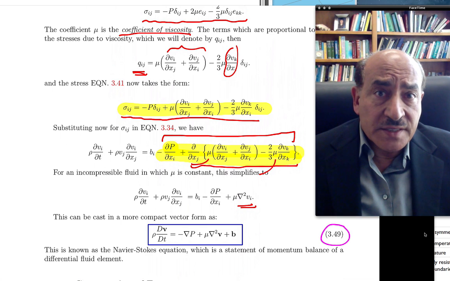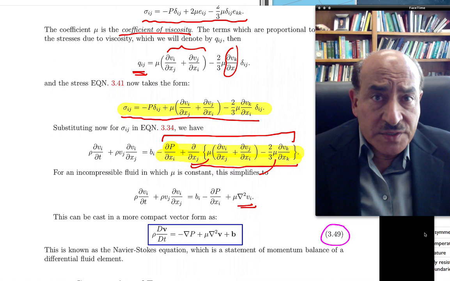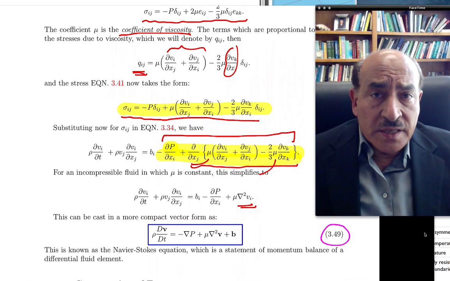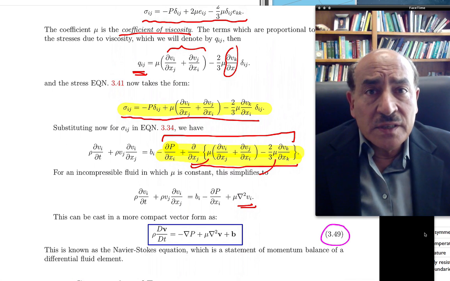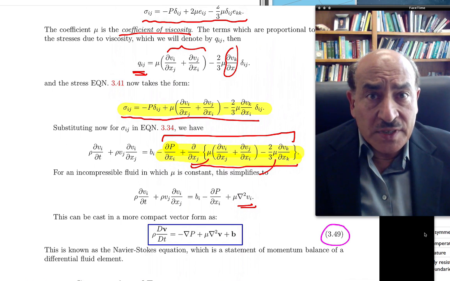First is minus the gradient of the pressure, because it's an opposing force. Second is the viscosity force, mu times the Laplacian of the velocity. And the third one is any body force that might exist in the fluid, such as body force due to magnetohydrodynamic effects or electrical effects or any other effects.